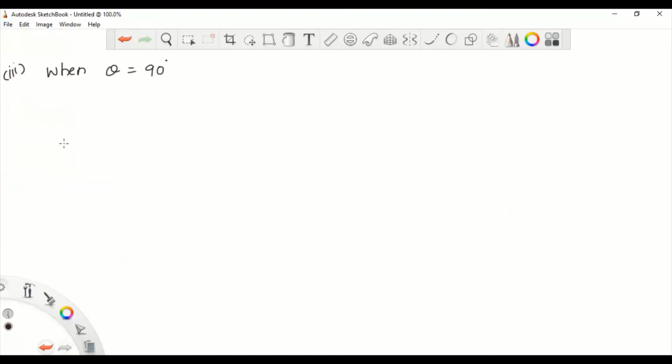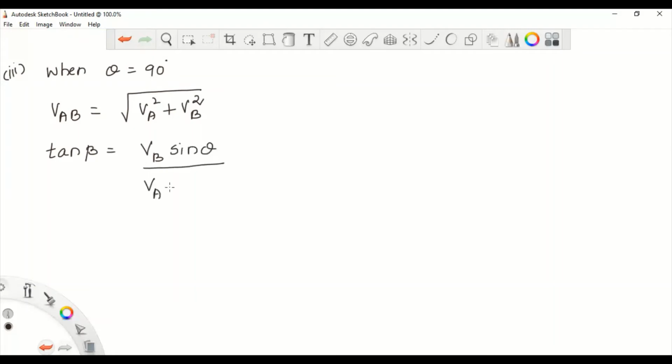The magnitude of the relative velocity of A with respect to B, that is VAB, is equal to, what is cos 90? Cos 90 is 0. So you will get the magnitude as root of VA square plus VB square. Similarly, you can also find what is tan beta, because we know the formula. What is tan beta, children? We discussed this formula. VB sin theta divided by VA minus VB cos theta.